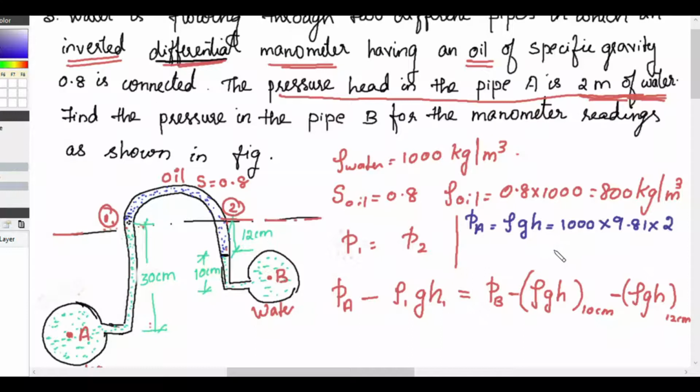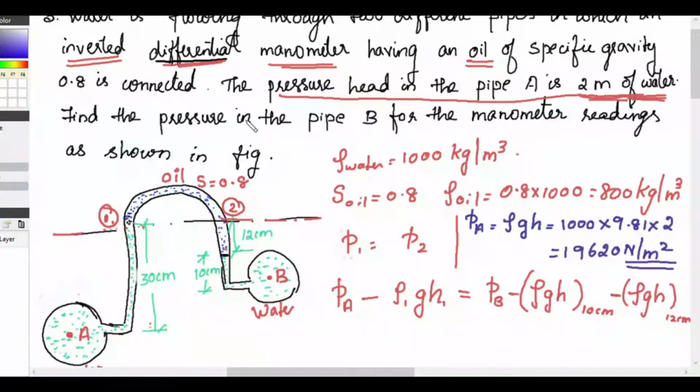We get 19620 Newton per meter square. This is the meaning of that: the head at A is 2 meter of water, so this density is of water. So it is PA.